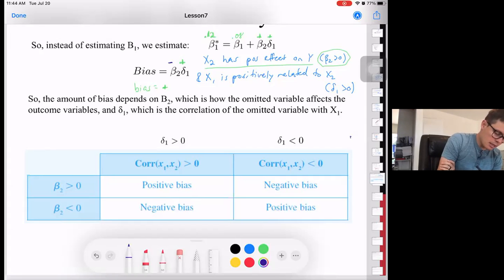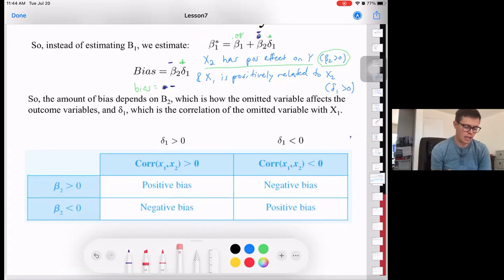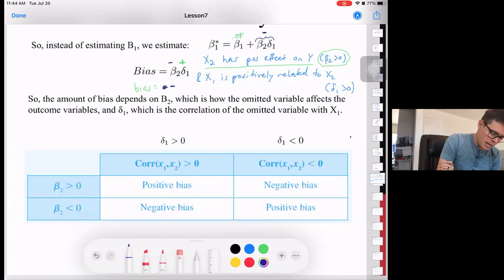Well, what that means is that the bias will be negative in that case. So say here in our example we know that the true effect of education is an 8% increase, and we know that the bias will be negative, because it's a negative number times a positive number.